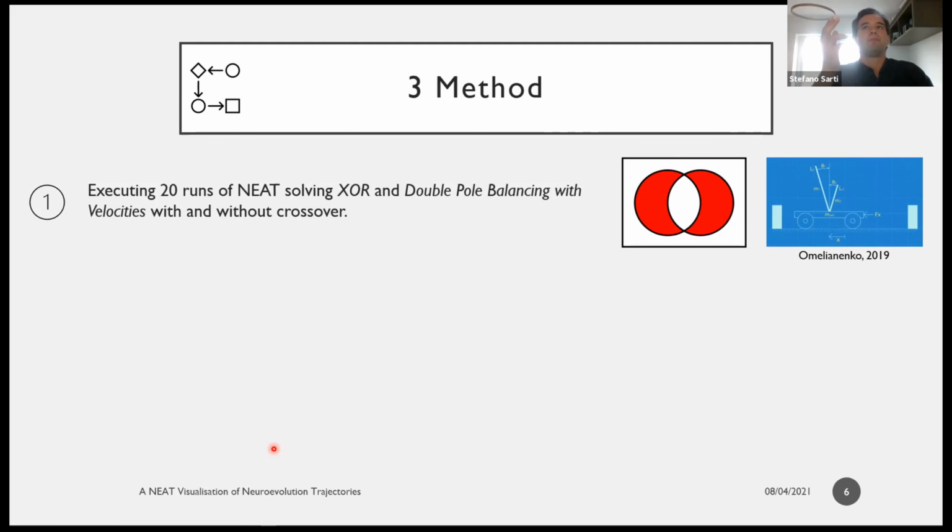XOR is our classic classification of outputs, and double pole balancing with velocity is basically a control task where the agent has to apply a force to a cart, which is bounded within a range, and it has to maintain two poles of different length in balance for a given number of time frames. It does this by receiving inputs such as the angles and the velocity of the poles.